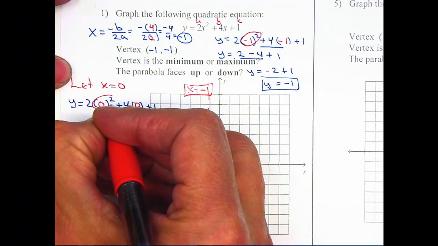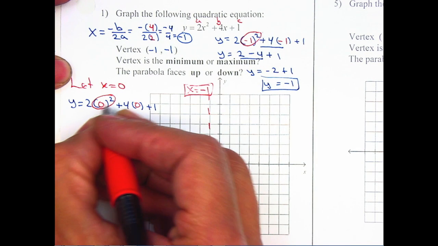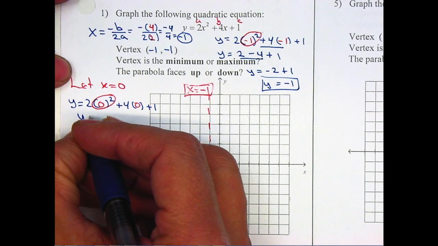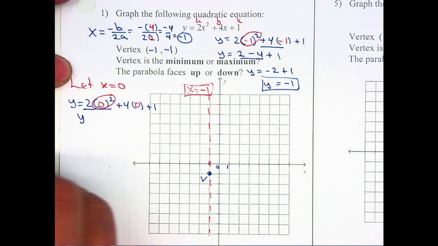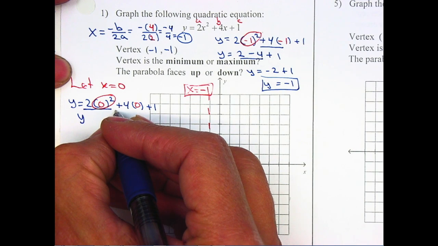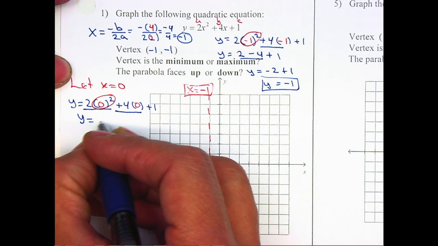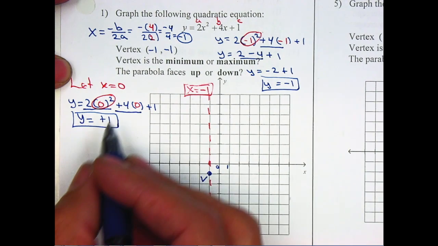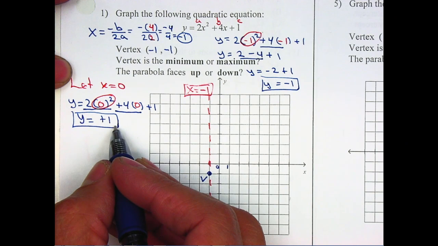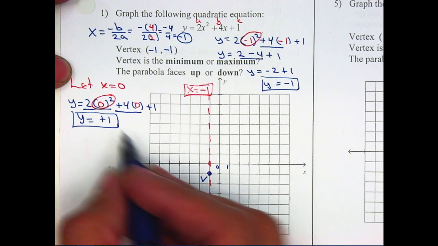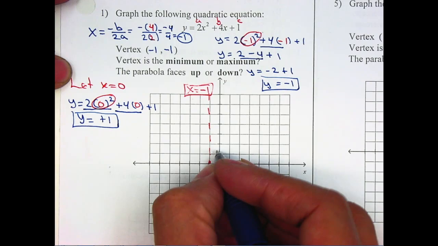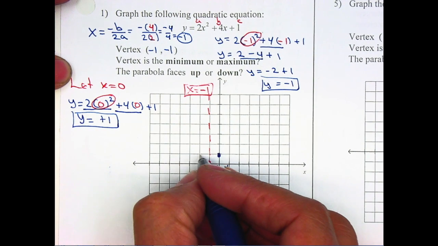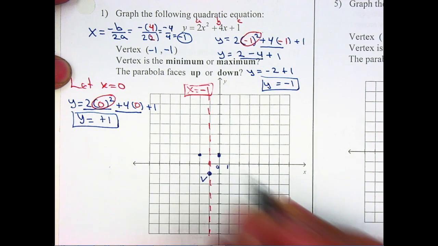Remember exponents first. 0 squared is 0, times 2 will give you 0. 4 times 0 is 0. So we just end up with positive 1. If your x value is 0, your corresponding y value is 1. That gives you the next point. And you're going to reflect it to the opposite side of the line of symmetry.